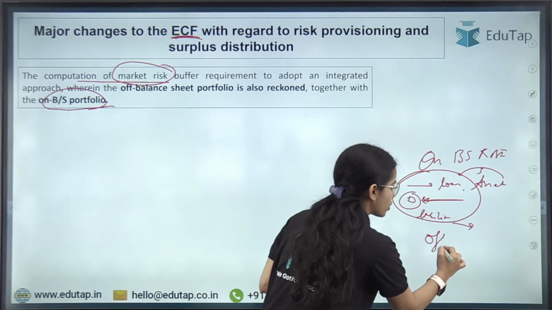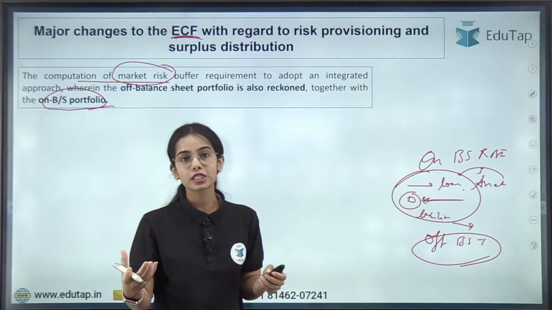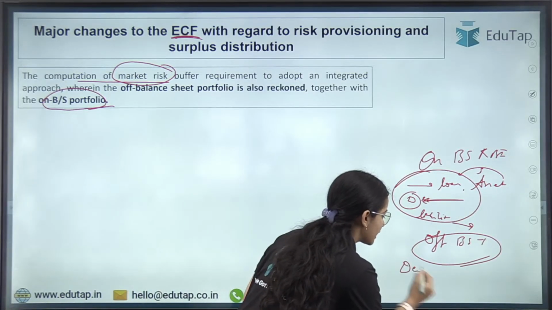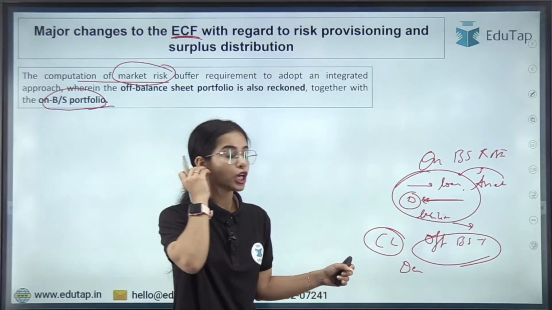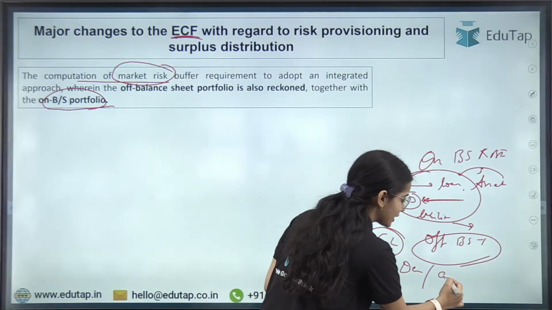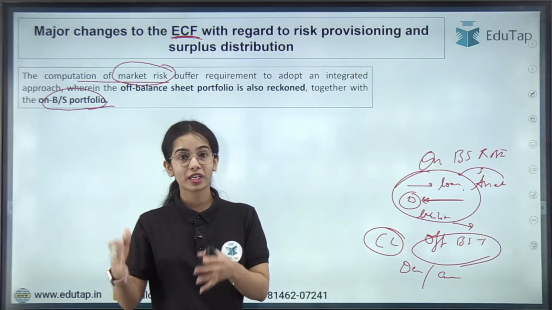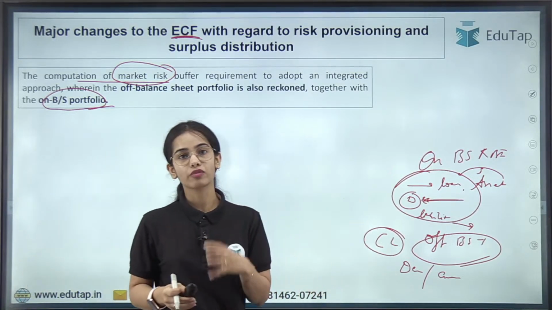Now off balance sheet transactions consist of the derivatives, because derivatives are the contingent liability, the future liability that can come in the future. Okay, so derivatives, guarantees: the RBI has given a guarantee on behalf of some institution. So what if that institution fails and the whole of the liability comes on the head of the RBI?